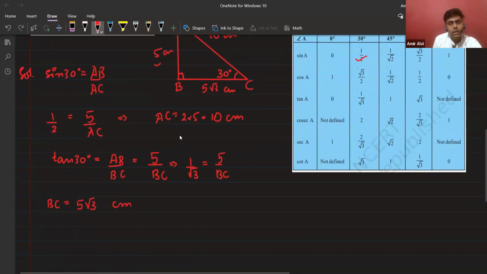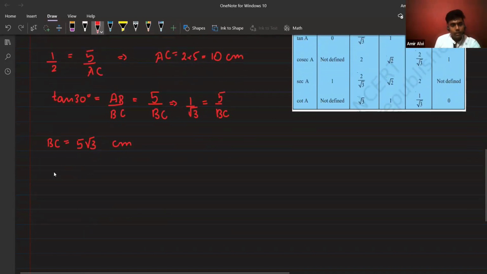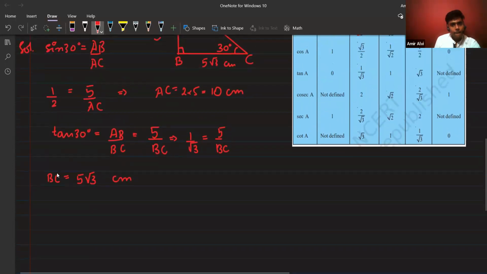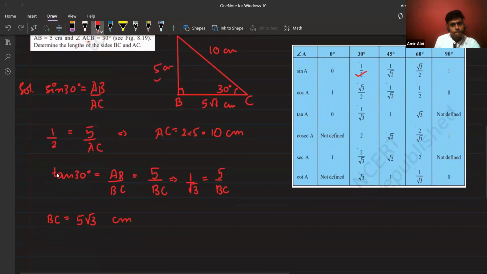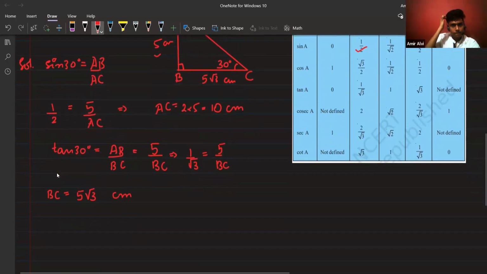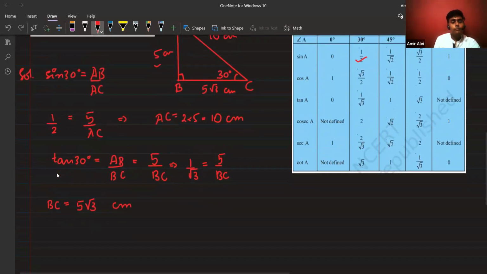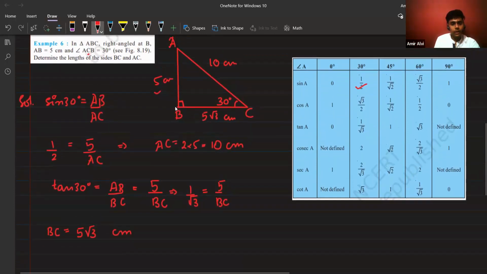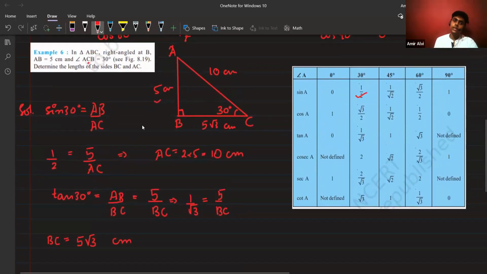After finding AC, we can use the Pythagoras theorem too, but at the initial point, we use the ratios, right? Okay, that's great.